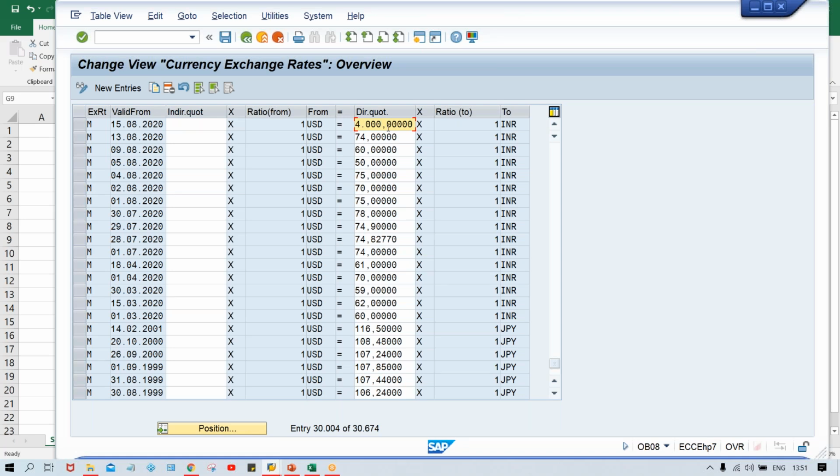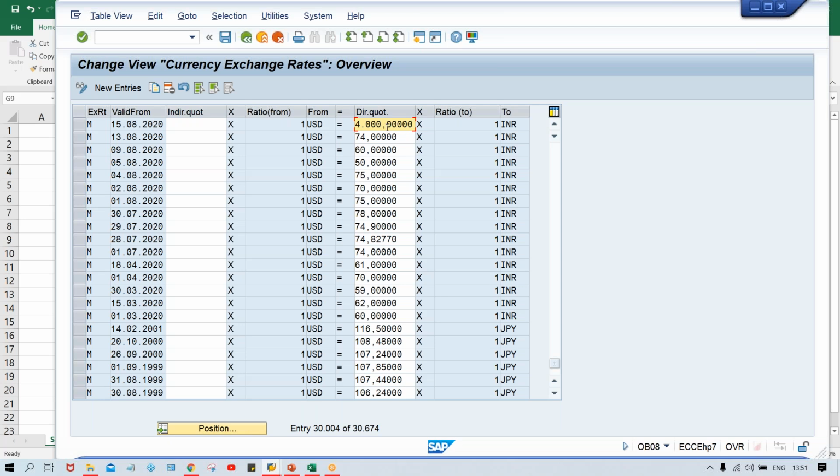Why? Because after 4 digits there should be some space, because for foreign currencies you'll have 4 or 5 digits after the decimal also. If somebody has any idea about forex trading and all, there if you see the forex charts, after the decimal they specify 5 or 6 digits.